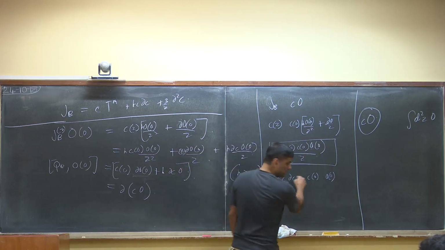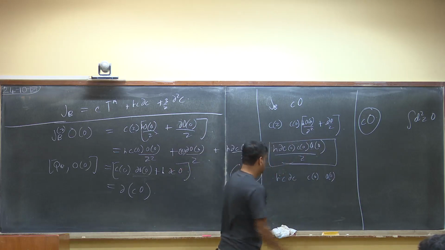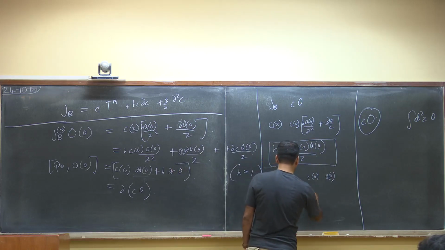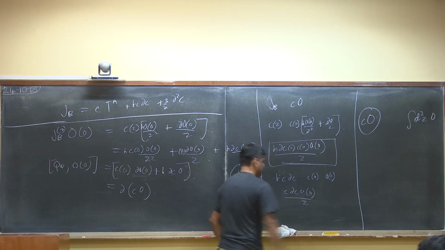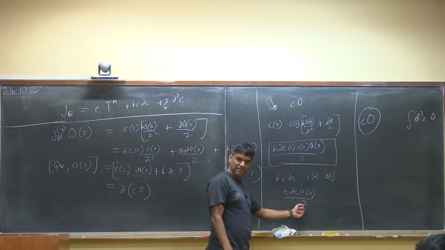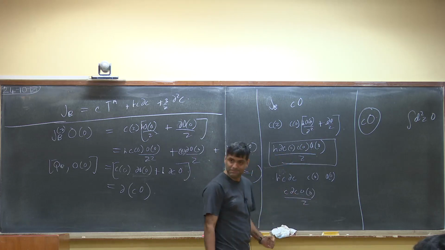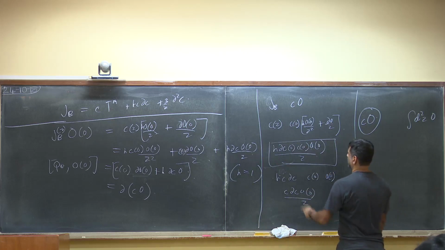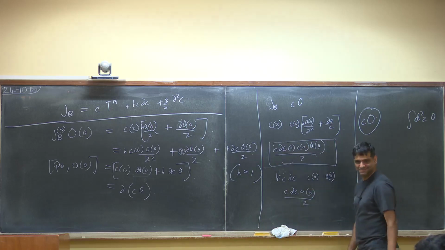Now we take the B through, no sign, and we use the BC OPE. So we get C del C O of 0 by Z. These two were at Z, but since there's only a pole, we can set them to 0. So we get C del C O, and we get del C C O here.